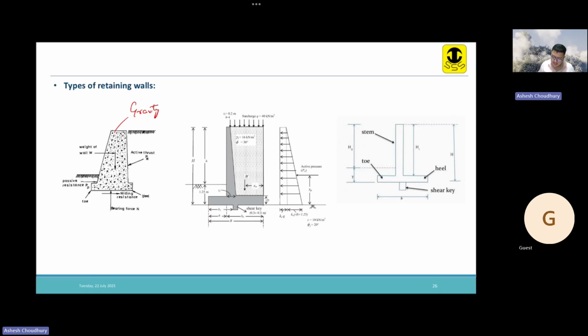And these are RCC cantilever retaining walls. You can see this is the stem, this is the toe, this is the heel, this is the shear key, right? This is the active earth pressure that is acting.